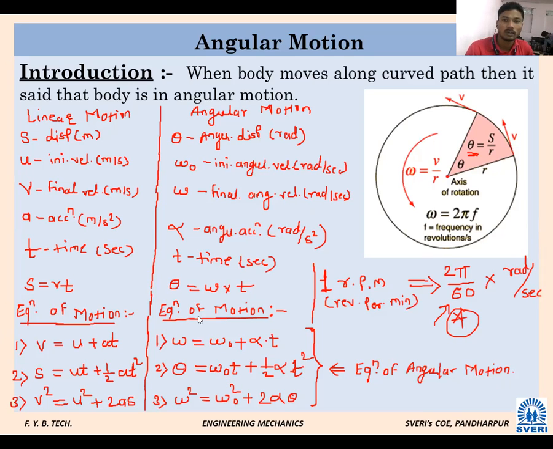To understand what is angular motion, we have compared angular motion with linear motion, because with the help of comparison only we can study what is angular motion. Is it correct?